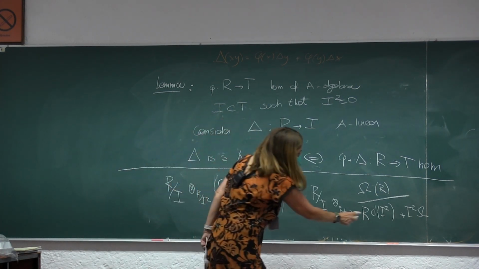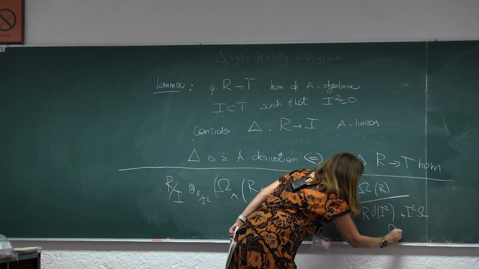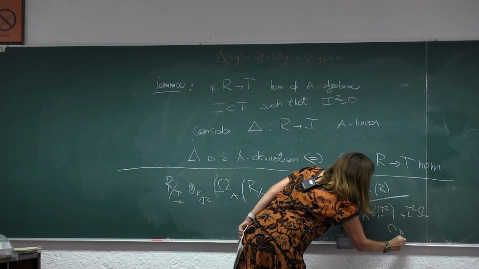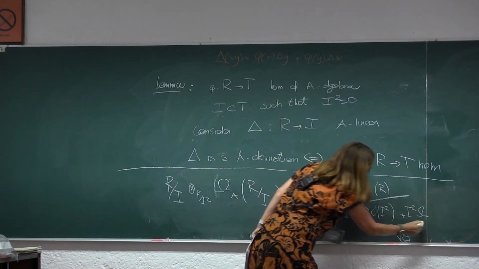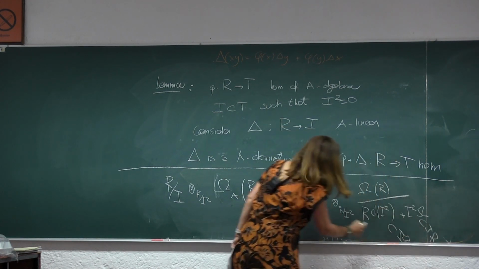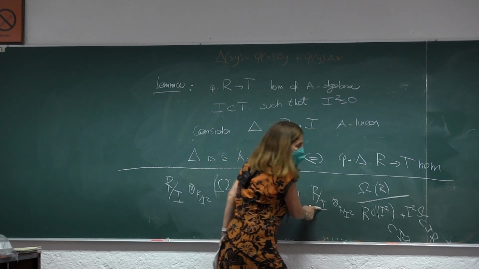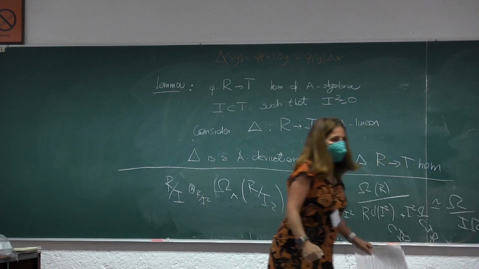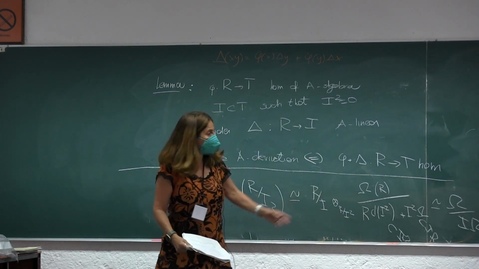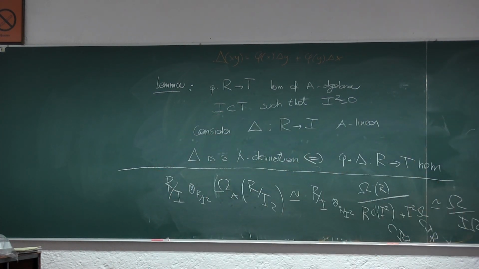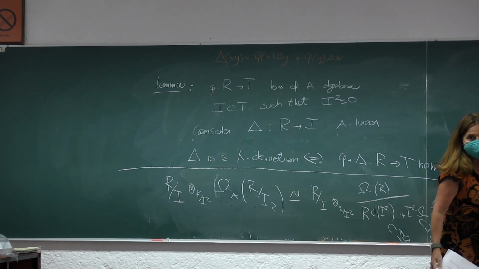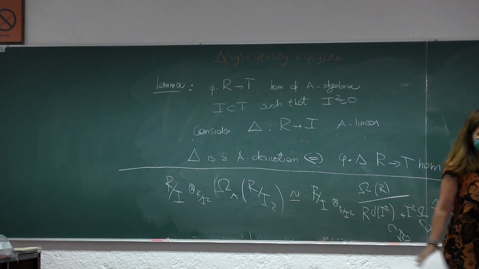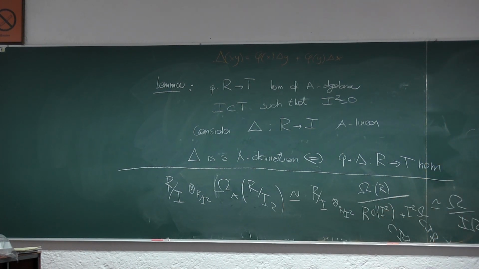But now this guy is containing I omega, and this is containing I omega, and here you are tensoring with R over I. So this is isomorphic to omega over I omega, which is the same as T tensoring omega. So I can assume I square is 0. So I reduced to I square is 0.